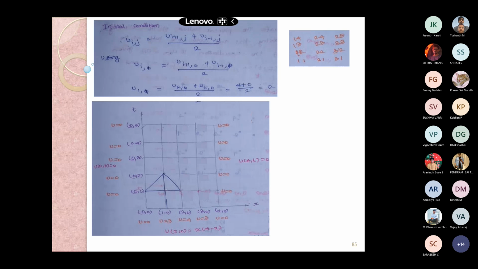Now we will find the value for this particular point. This is the focus of interest, and this is the way we can find the results. That is 1 by 2, the average of 0 and 4. What is the value? Someone please tell me. Vignesh, what is the value for this point?